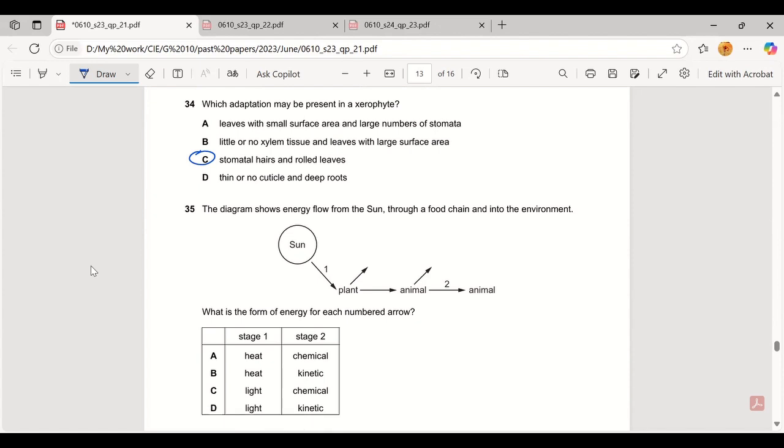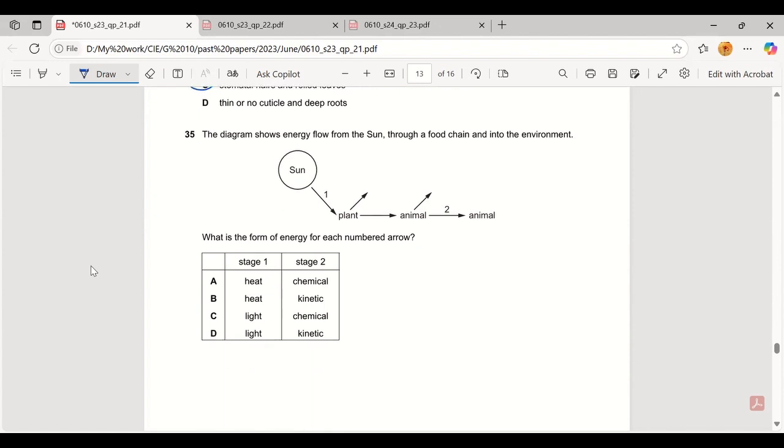The diagram shows energy flow from the sun through a food chain and into the environment. What is the form of energy for each numbered arrow? Michelle? C. Bravo.